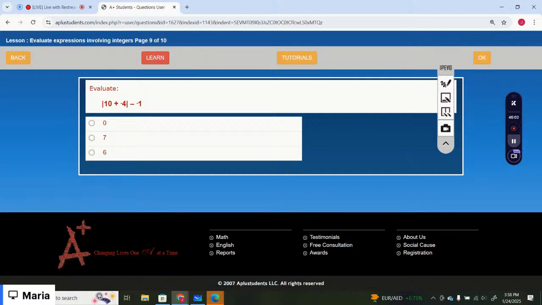So, which is the correct option? That is 7. The correct option is 7. Option 2 is the correct option.